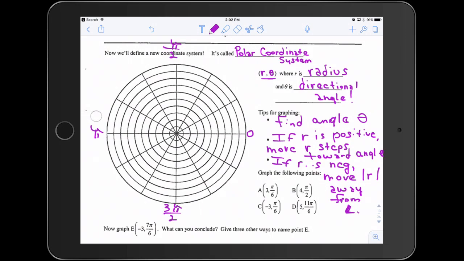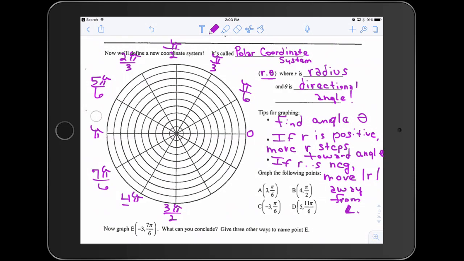Each quadrant is broken into thirds, so this is pi over 6, and this is pi over 3. Over here, we have 2 pi over 3, and this here is 5 pi over 6. Let's go all the way around to make it easier on ourselves.